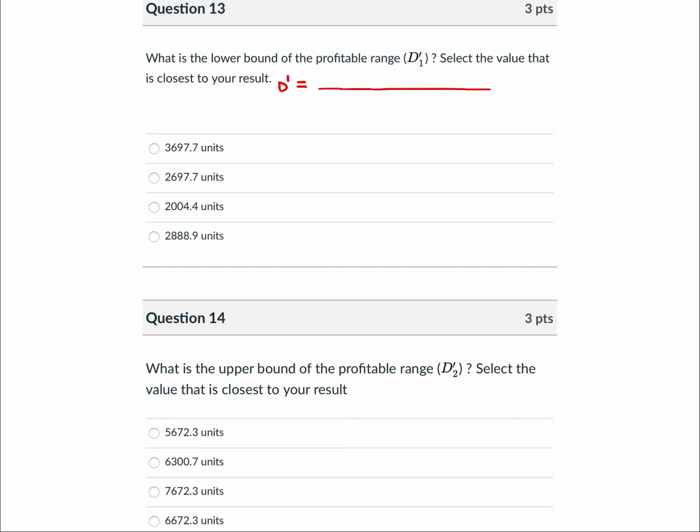Okay, so the D prime is a long equation, which is A 600, right, minus CV. CV is 131.5, right, plus minus something in the bracket, to the power of a half. So what is in the bracket?